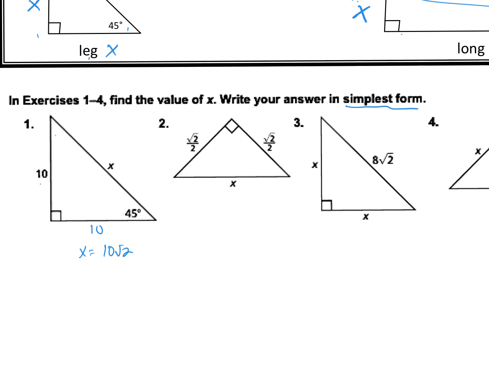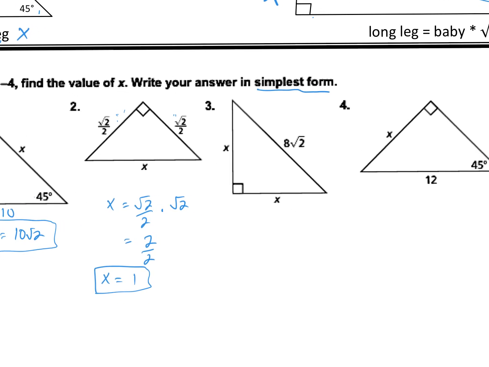Since these two are the same, I know we're dealing with a 45, 45, 90. So then x would have to be times root 2. So it's root 2 over 2 times root 2. Root 2 times root 2 is just 2. So 2 over 2 is 1. So x equals 1 in this case.